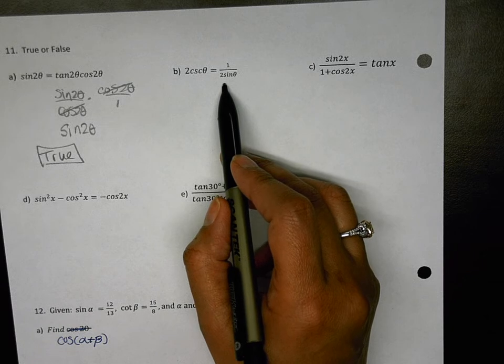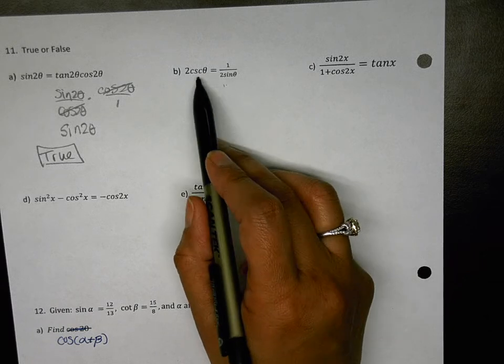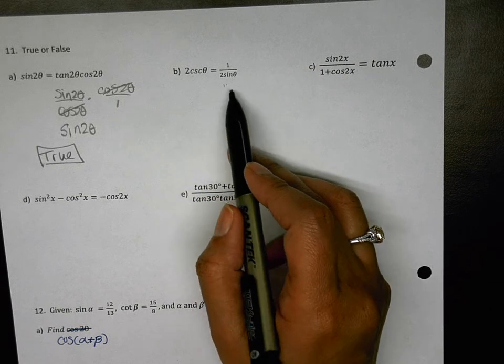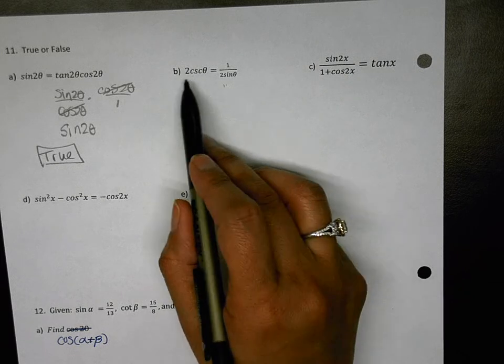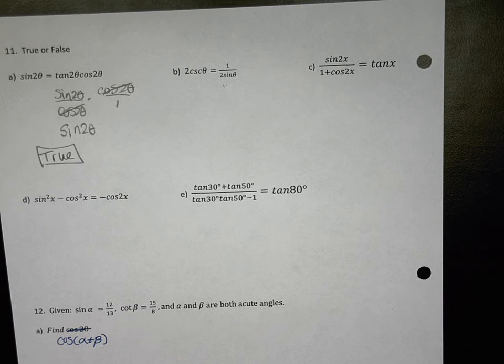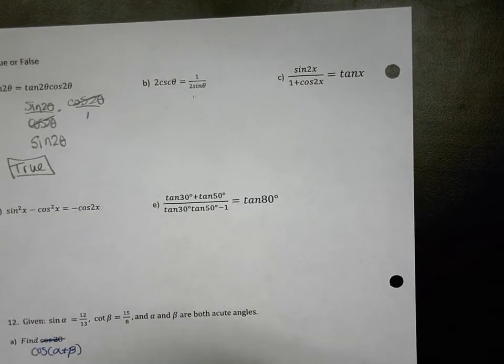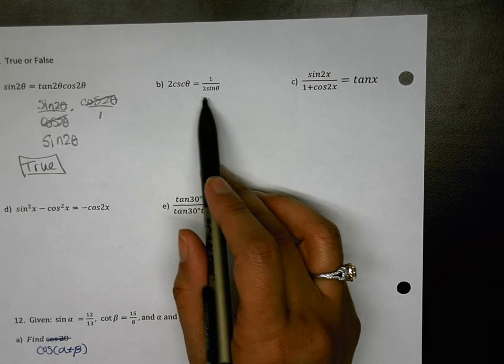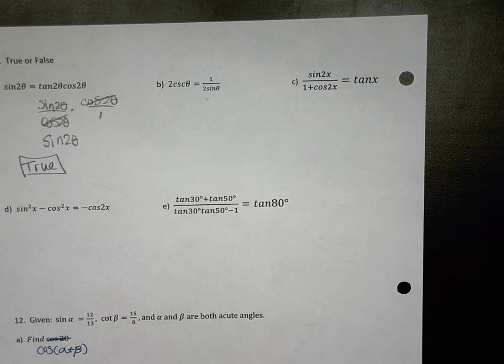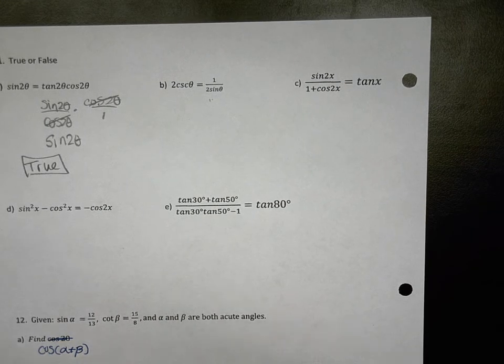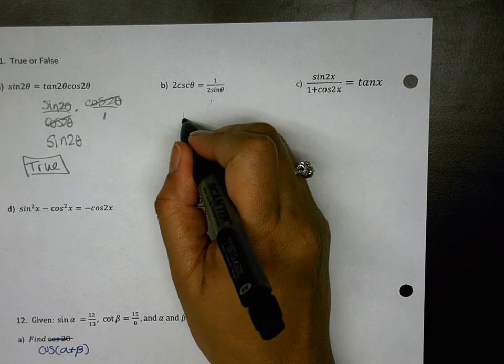Now, when I change cosecant squared to 1 over sine, we did have one of these during the practice test. When I change something to a fraction, does the 2 move with it to the denominator or stay in the numerator? Stays in the numerator, so this is a false.